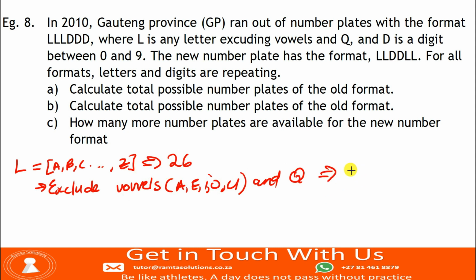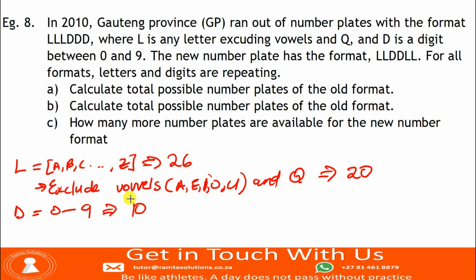Because there are 5 vowels and Q together, this makes it 6. Now, 26 minus 6 means we have 20 letters to choose from. Then on the digits, we have 0 to 9, which means we have 10 digits to choose from, okay?